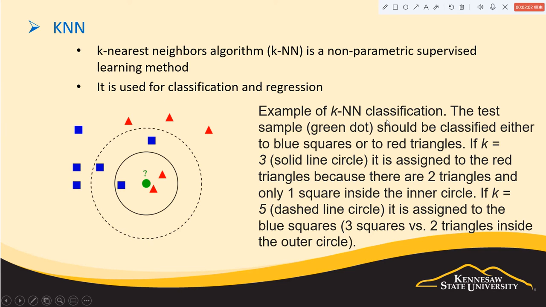The test sample can be classified either to blue squares or to red triangles, because it depends on the value of k. If k equals 3, it is assigned to the red triangles, and if k equals 5, it is assigned to blue squares.